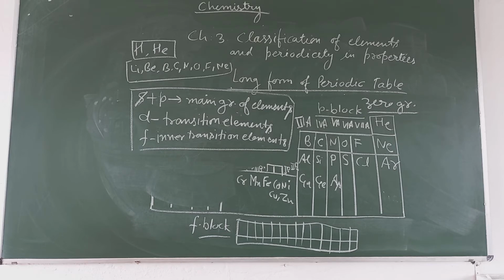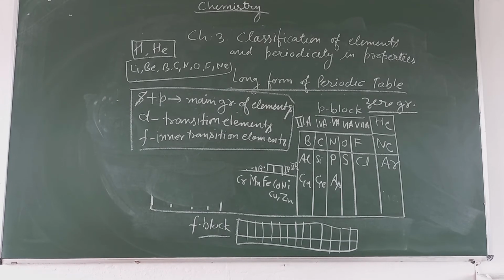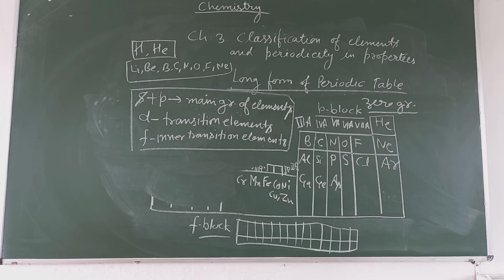The characteristics of s block elements: they are soft metals, they have low melting and boiling points, they are good conductors of heat and electricity, and they are highly electropositive metals. The p block elements contain metals, non-metals and metalloids.